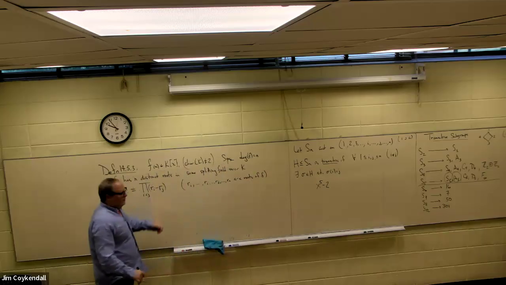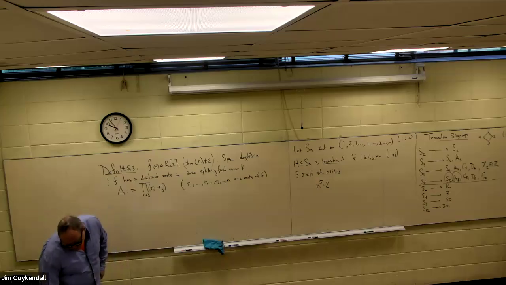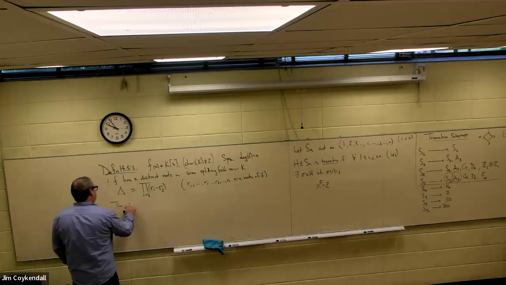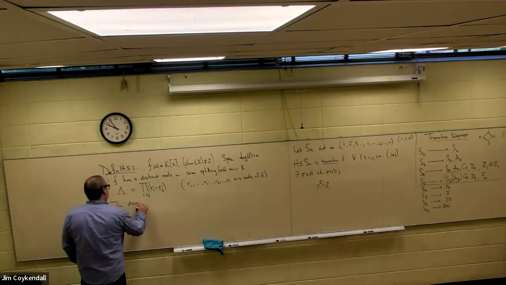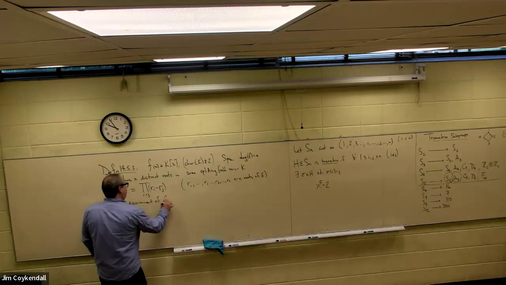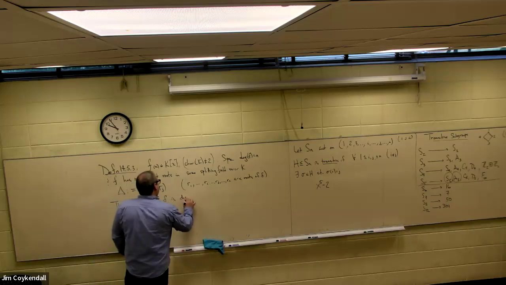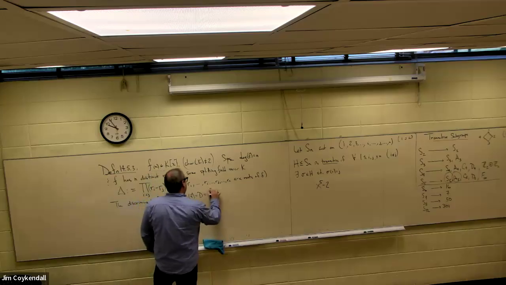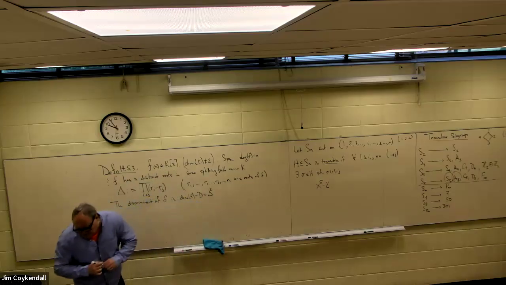So this is just the product of r_i minus r_j. We put the roots in some order, and this is just the product of r_i minus r_j for i less than j. And the discriminant of f is D, which is delta squared. It's just the square of this.